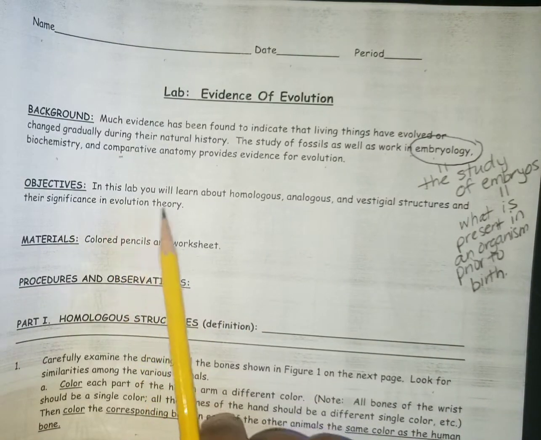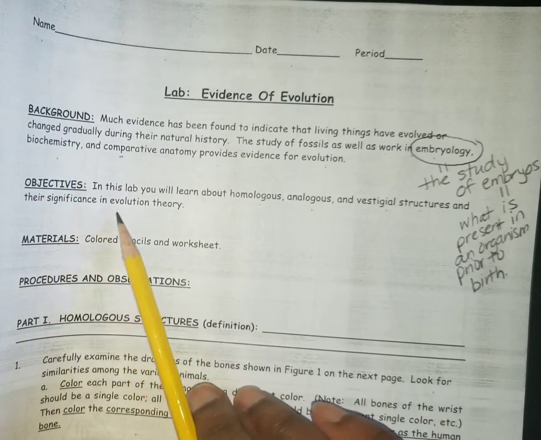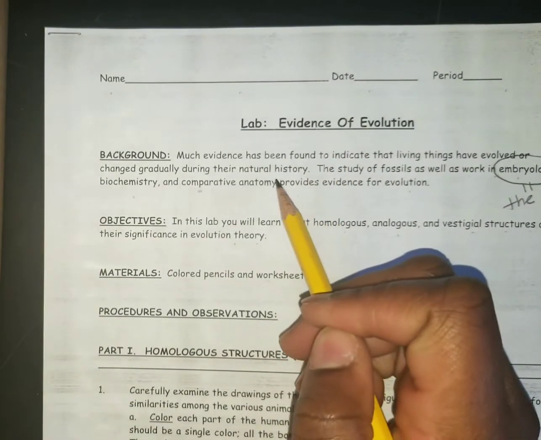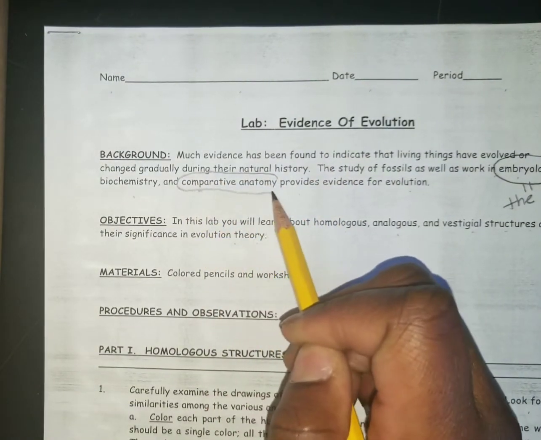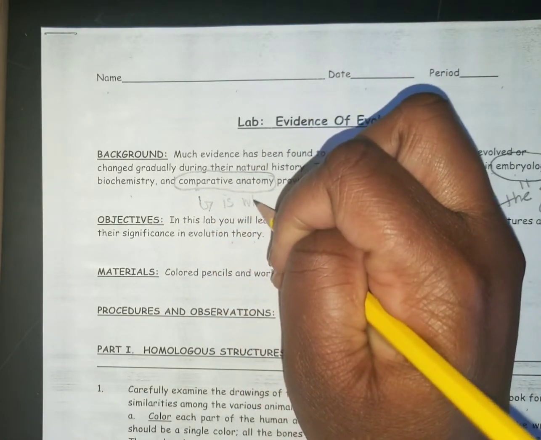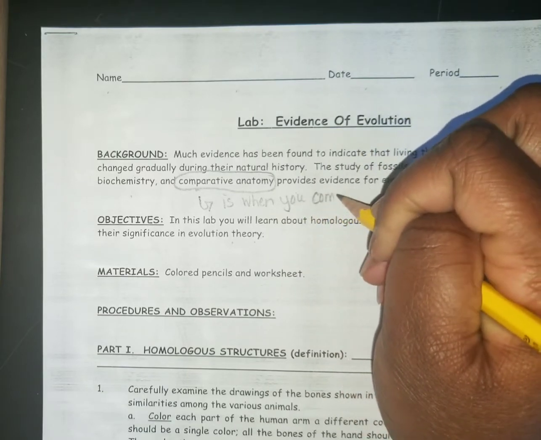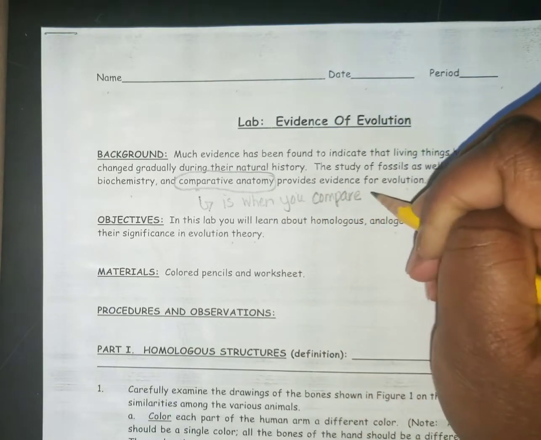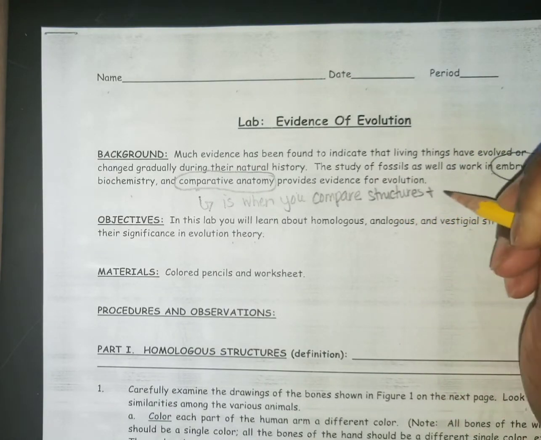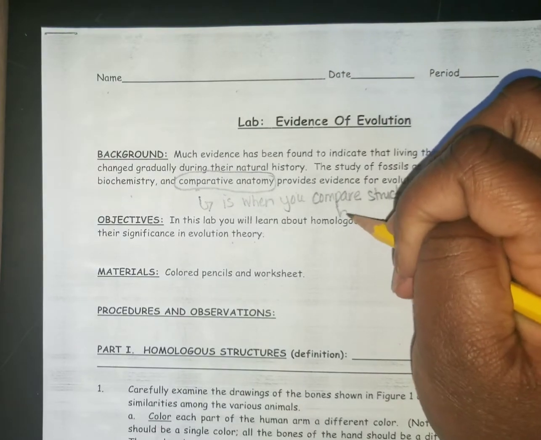So the objective in this lab, you will learn about homologous, analogous, and vestigial structures and their significance in evolution theory. Now, this is all part of comparative anatomy. Comparative anatomy is when you compare structures and functions between organisms.